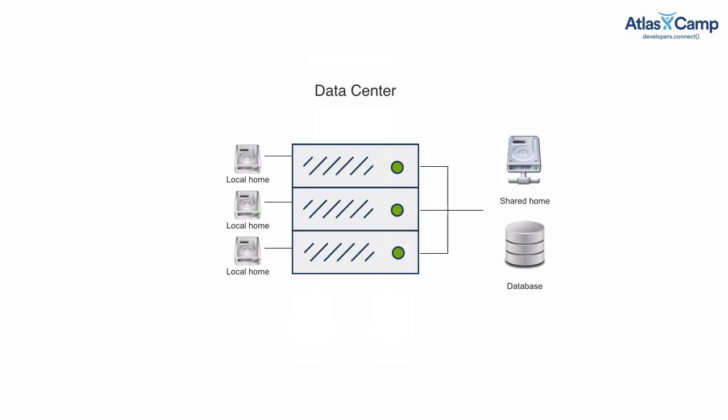But the home directory layout is a little bit different now. So instead of just having a single home, there's actually now a local home part and a shared home part. And the local home part is just a part that's different for each of the nodes, and that will contain the node-specific files, such as the log files, your temp files, your cache files, that kind of stuff.